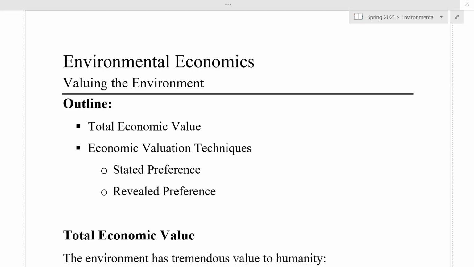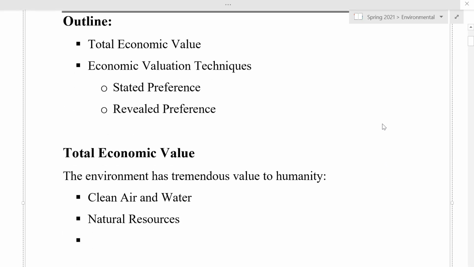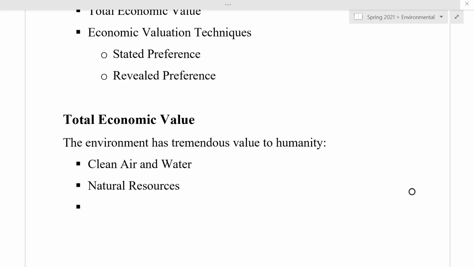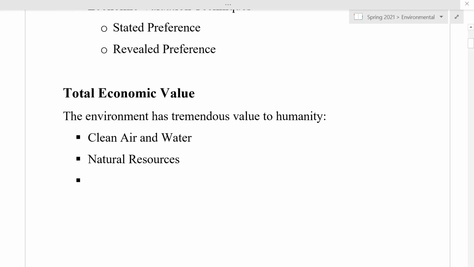So first of all, let's talk about the different sorts of things that provide value to humanity. Again, maybe pause the video and think about a couple more examples here. We've got clean air and water, all sorts of natural resources that we can use for the production of things, for recreation, and so on. And what else? We have wetlands.